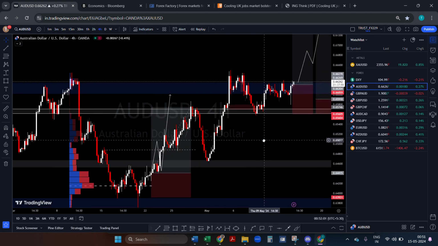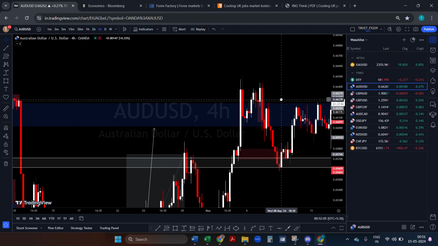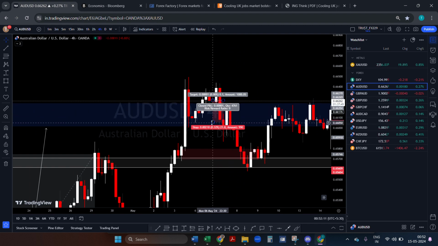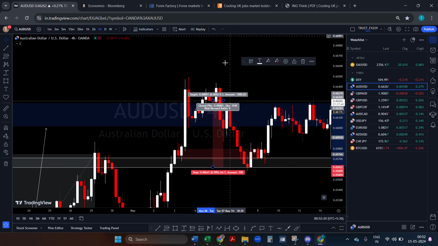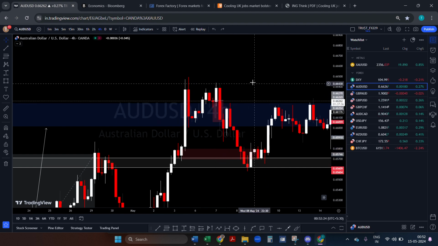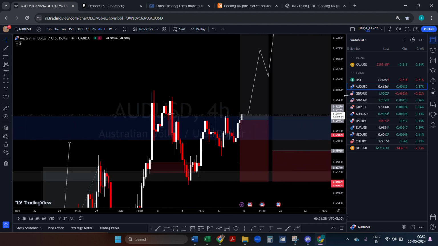On the AUD USD, I realized that this trade wasn't going to go in favor, so I cut this trade at 20 pips loss, where the stop loss was 60 pips. It was a good move cutting short the losses.